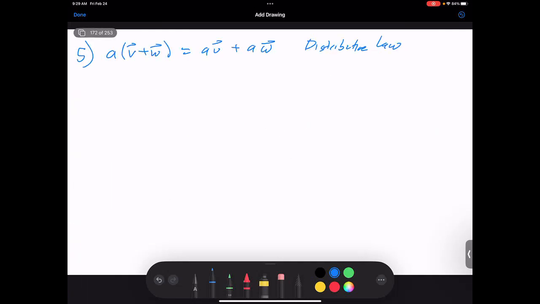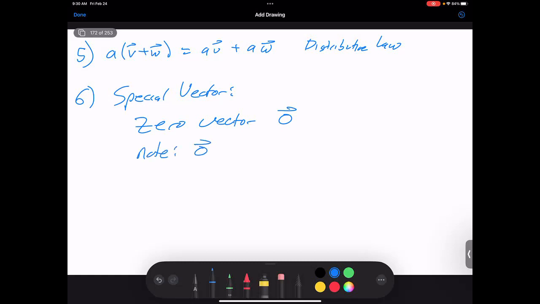All right, so these are your basic properties of vectors. We have special vectors. Anybody want to guess what the most important special vector is? So it's the 0 vector. And it has the wonderful property that 0 plus v is v plus 0 is what?